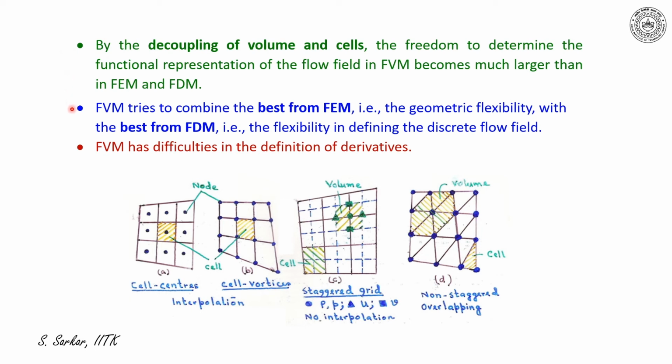Further, finite volume method tries to combine the best from finite element method, that is geometric flexibility, with the best from finite difference method, that is flexibility in defining the discrete flow field. However, finite volume has some difficulties in evaluating the derivatives, which will be discussed later.